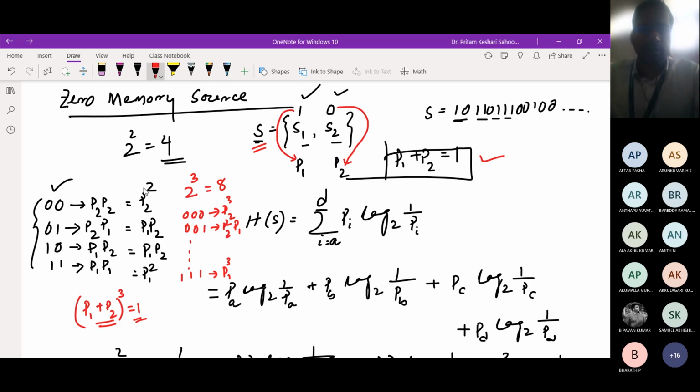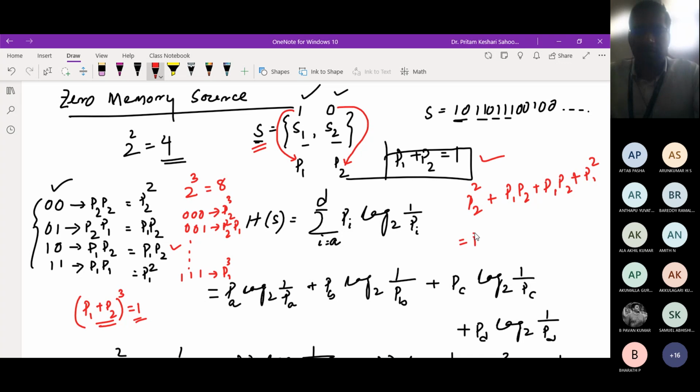Similarly, you can also verify in the second extension. If you add up all probabilities, it will be P2 square plus P1 P2 plus P1 P2, and the final one P1 square.